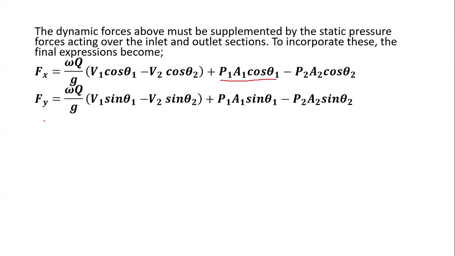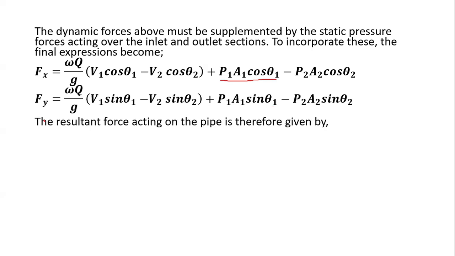But this is not enough. We will need to bring them together to get one resultant force F. You want to do this using Pythagoras theorem because this Fy and Fx meet together at right angles. So the resultant now is a combination like that using Pythagoras theorem.